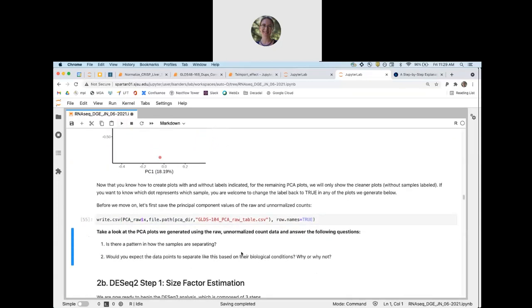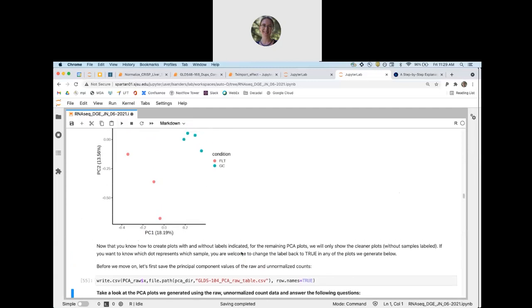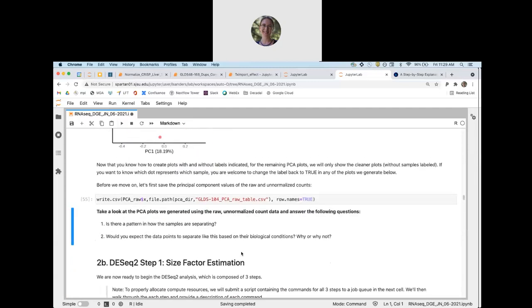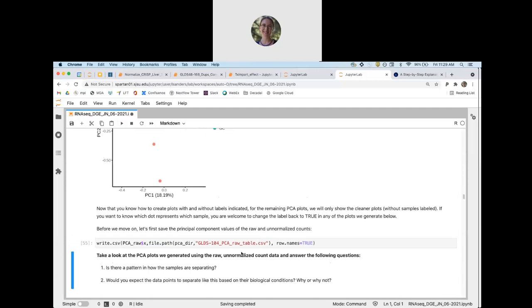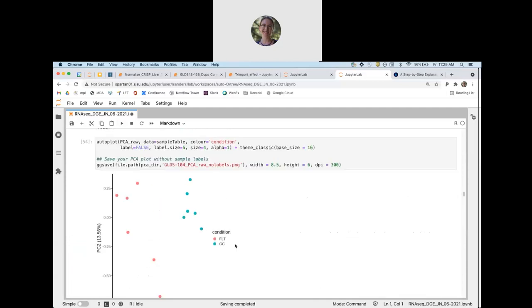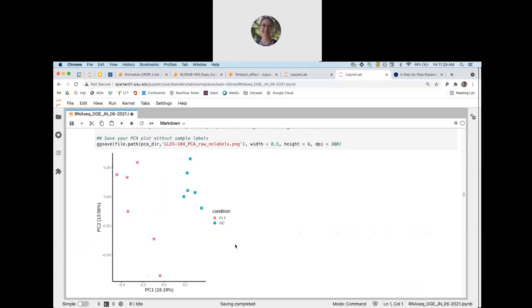All right, so taking a look at this plot, let's answer a question. Is there a pattern in how these samples are separated? What do you guys see here? What's the pattern?